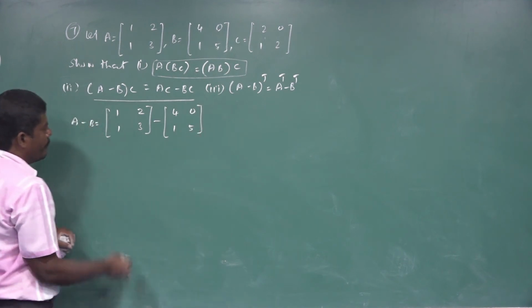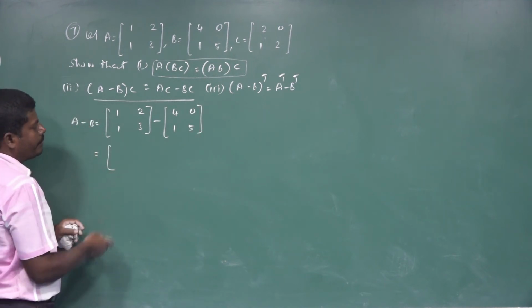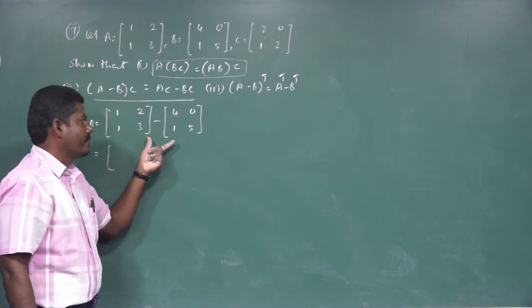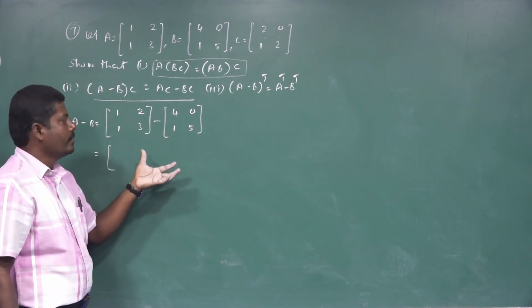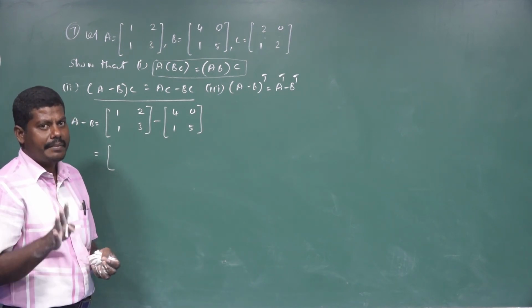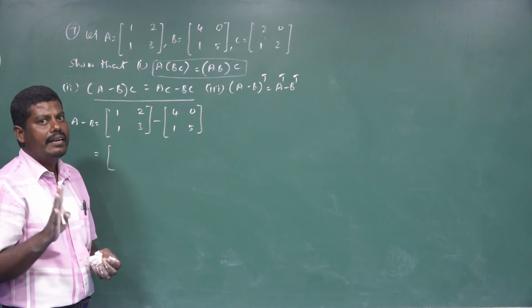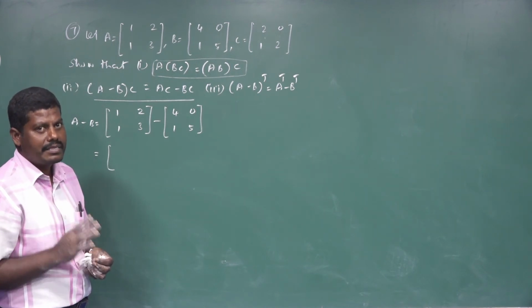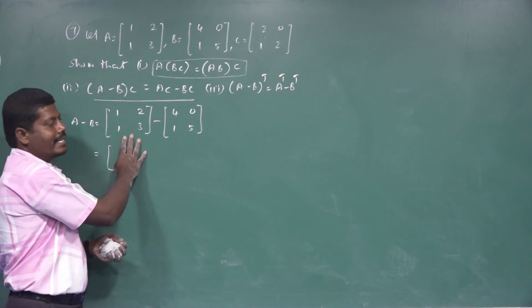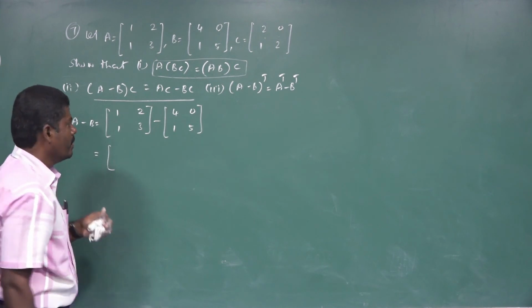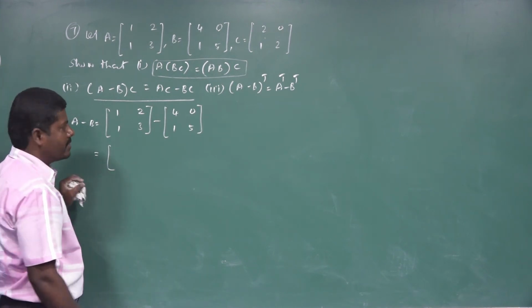Now, the order of both matrices is the same, so we can subtract these two matrices, no problem. Order must be the same; then only subtraction and addition are possible. Otherwise addition and subtraction is not possible. This is a 2 by 2 matrix, this is also a 2 by 2 matrix. We subtract corresponding elements.